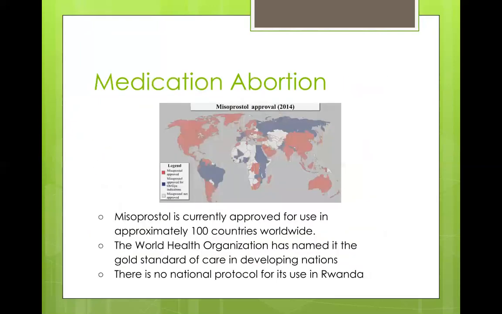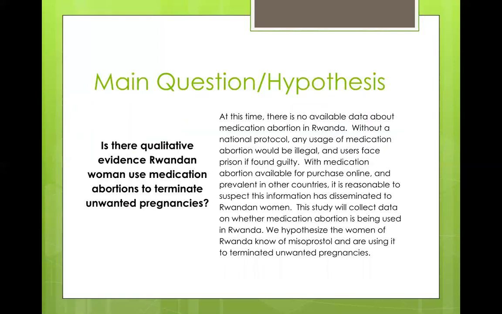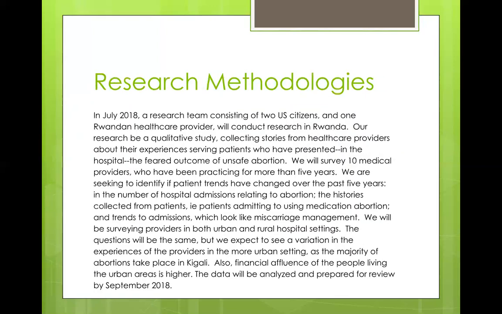But the way that medication abortion is used, it allows women to take medications which cause symptoms that mimic miscarriage. So we suspect that data should shift over time as women use these medications and present in hospital for follow-up that will look like miscarriage management.